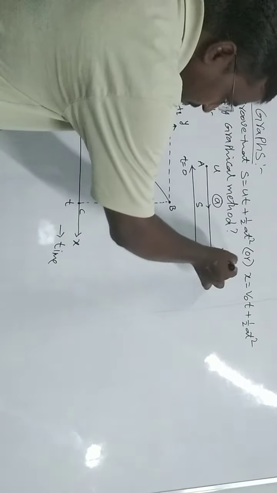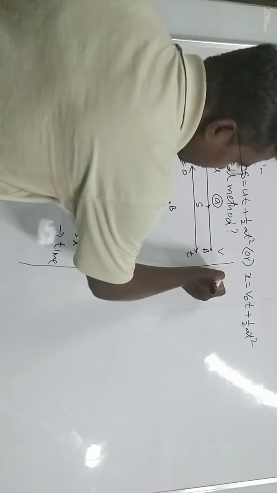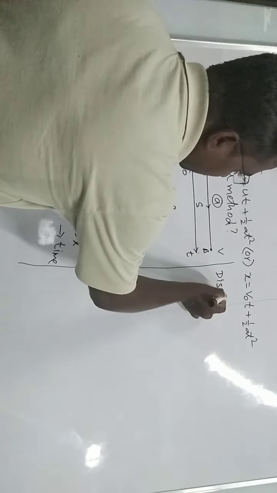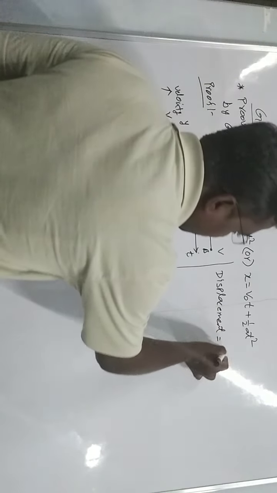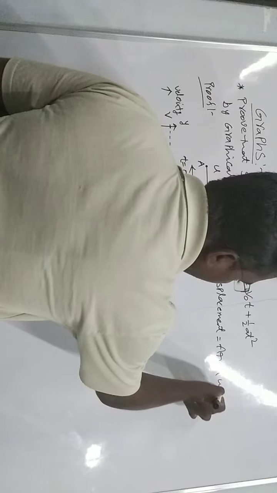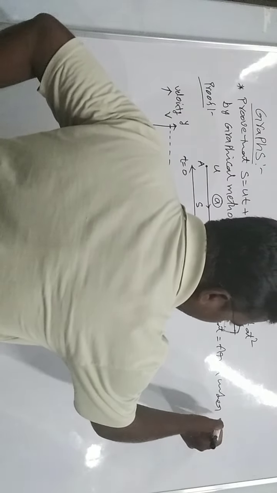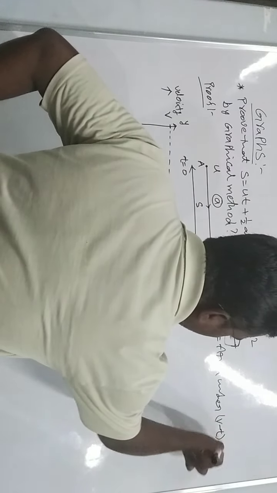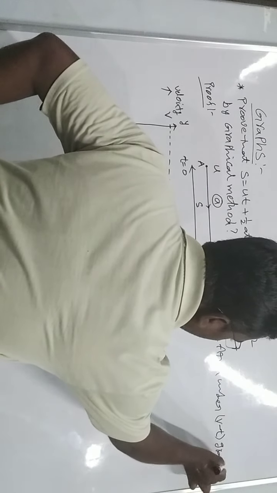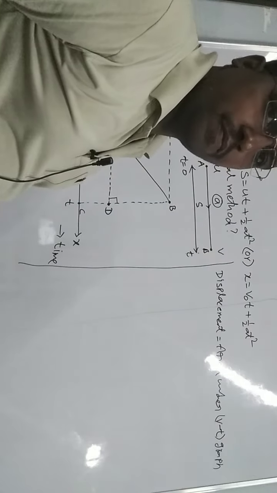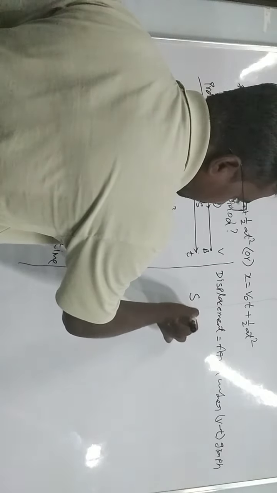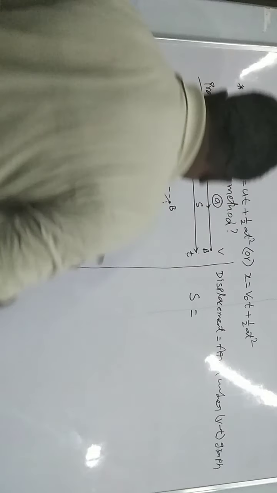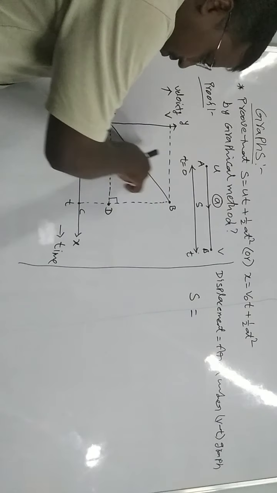Next one. So write this. Displacement is equal to the area under the Vt graph. Now this displacement S equals the area under the Vt graph.